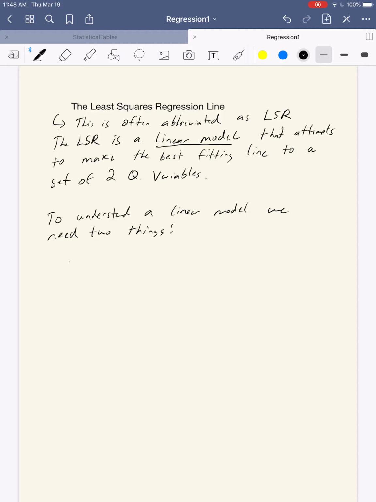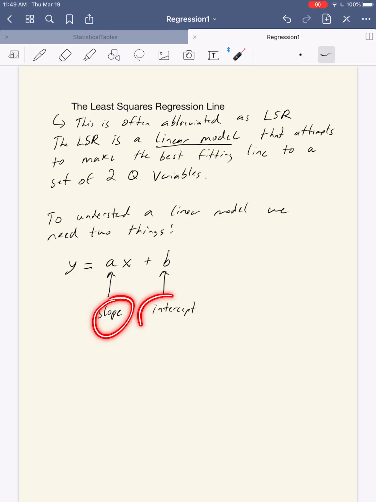If we're writing out a linear model, y equals ax plus b, the two things you need to know are this a here, which we call the slope, and this guy here, which we call the intercept. If you know the slope and the intercept, then you know the entire linear model. Those two features define a linear model.